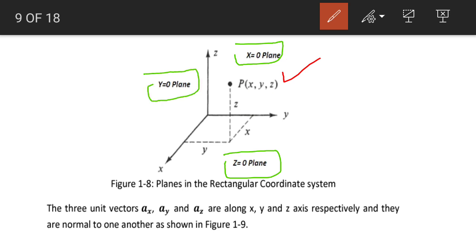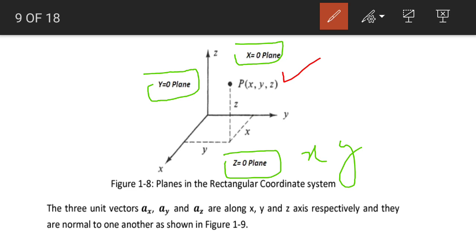The z equal to 0 plane is also known as the xy plane.